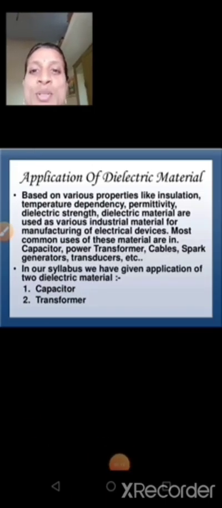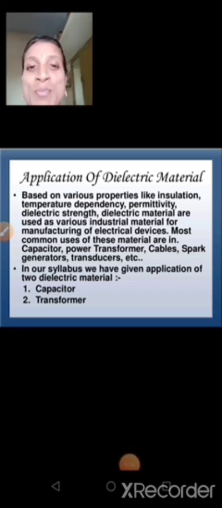Applications of these dielectric materials depend upon properties such as temperature dependence, which is the effect of temperature, permittivity, which is the ability to polarize, and dielectric strength, the strength of a dielectric material. We use them for industrial purposes in the preparation of electrical devices.